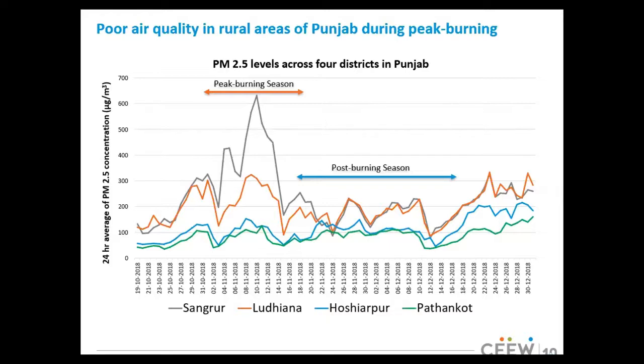More so in Sangrur and Ludhiana, which are shown in gray and orange lines respectively. These are high paddy cultivated areas. The blue and green lines represent PM 2.5 levels of Hoshiarpur and Pathankot, which are low burn districts. They demonstrated better air quality. Clearly, burning has a huge impact on local air quality.